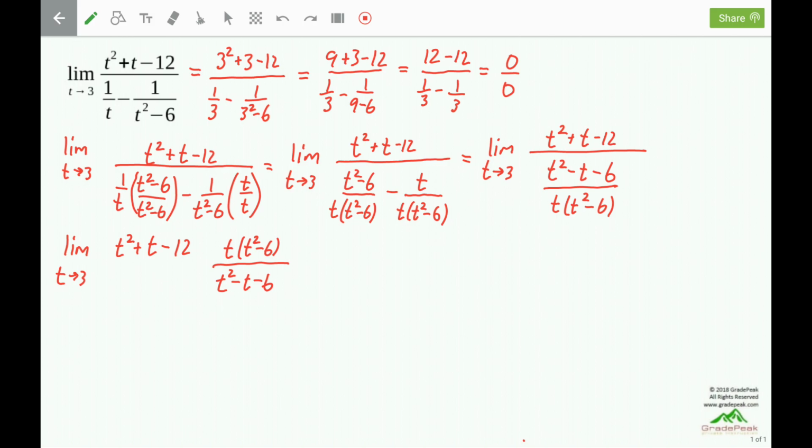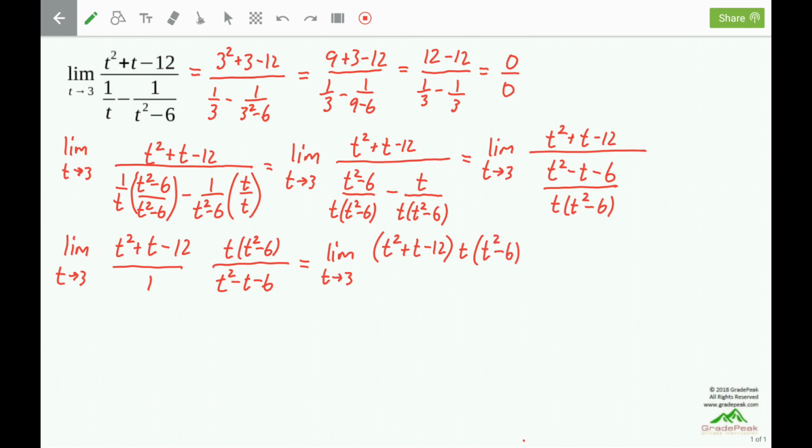The t squared plus t minus 12, you can put that over 1 if you wish to make it also appear to be a fraction. This will then become limit as t goes to 3 of t squared plus t minus 12. Since we're multiplying these, let's just keep everything factored. So I'm not going to distribute anything in.